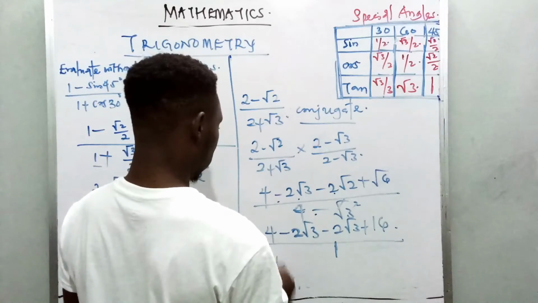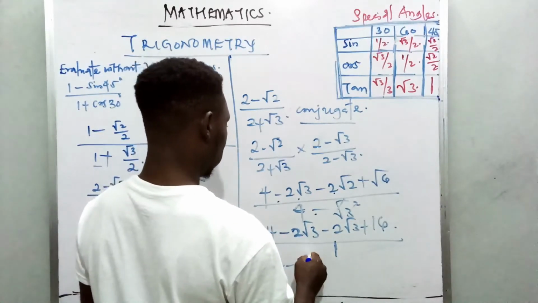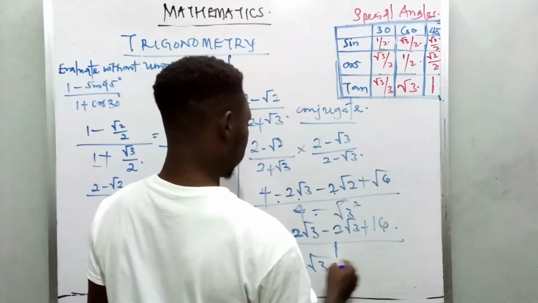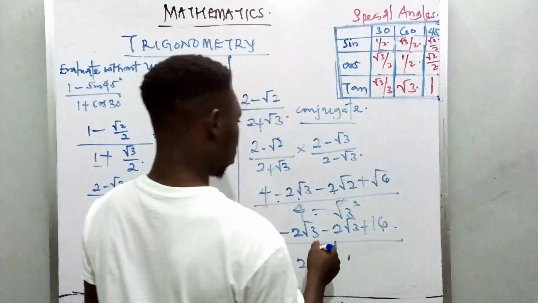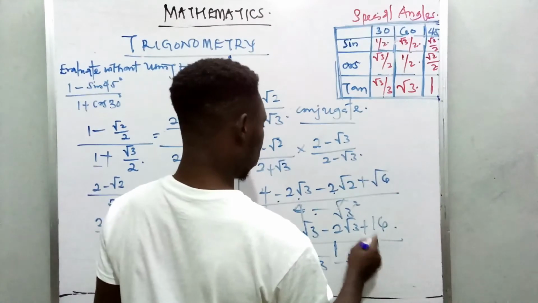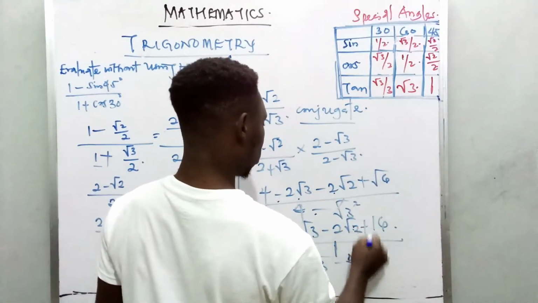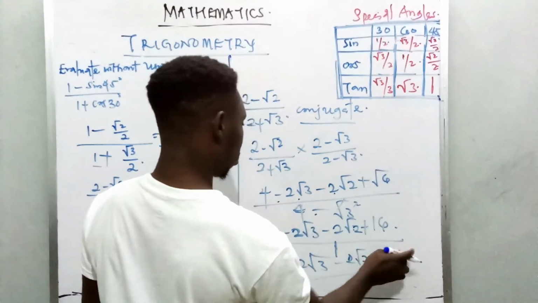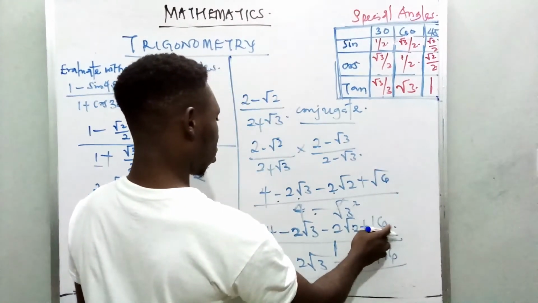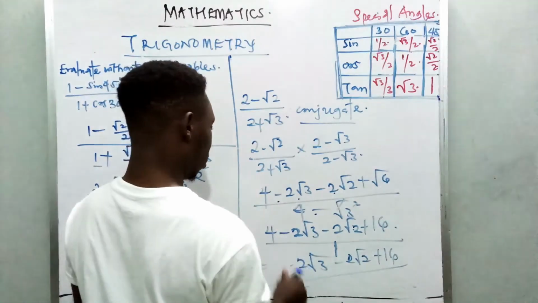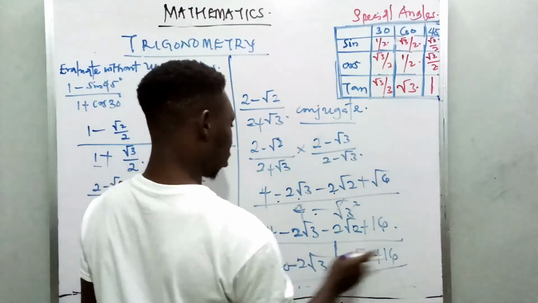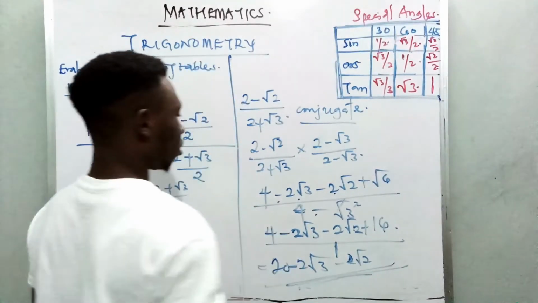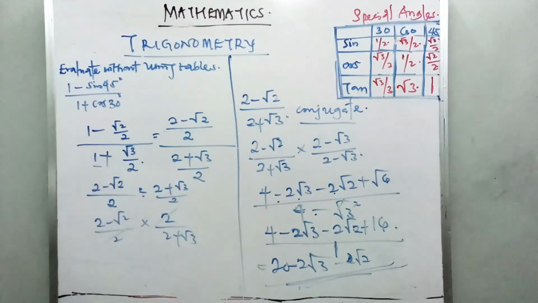That is now equal to 4 minus 2 root 3 minus 2 root 2 plus root 6. And at this junction, we can leave this in here as our final answer.